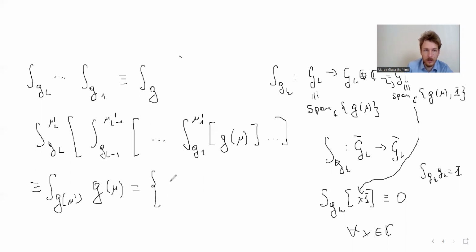So mu'_k equals 1, then mu_k is equal to 1. If this holds true, then this integral is non-zero, and otherwise it will be 0.